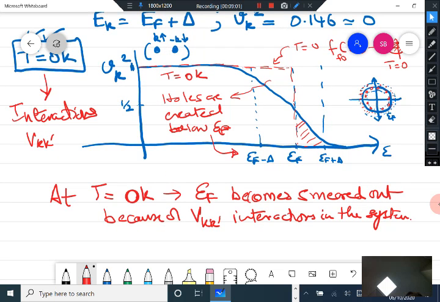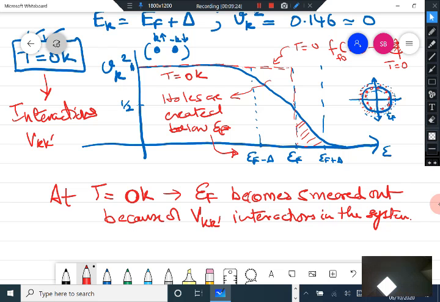So right at T equal to 0 Kelvin, you have vacant and occupied states which are created above and below the Fermi energy, and then the scattering between these states automatically comes into the picture. That was the part of your BCS Hamiltonian. The Vkk prime was basically taking you from occupied states to empty states and vice versa.